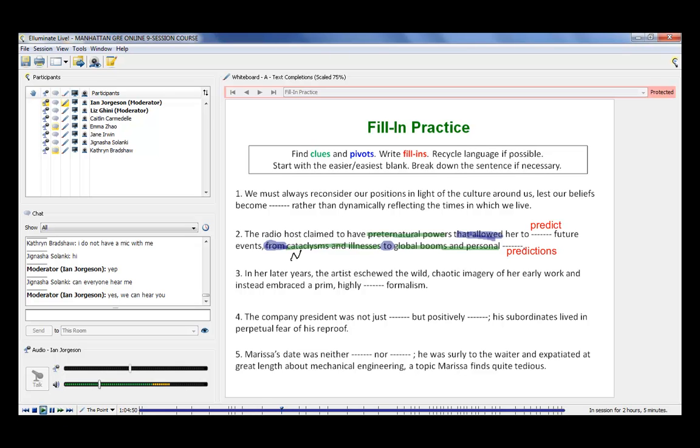So cataclysms are a global negative, but illnesses are just a personal negative. So if we're going to go from big negative and small negative to big positive, what does the blank need to be? It needs to be a personal what?